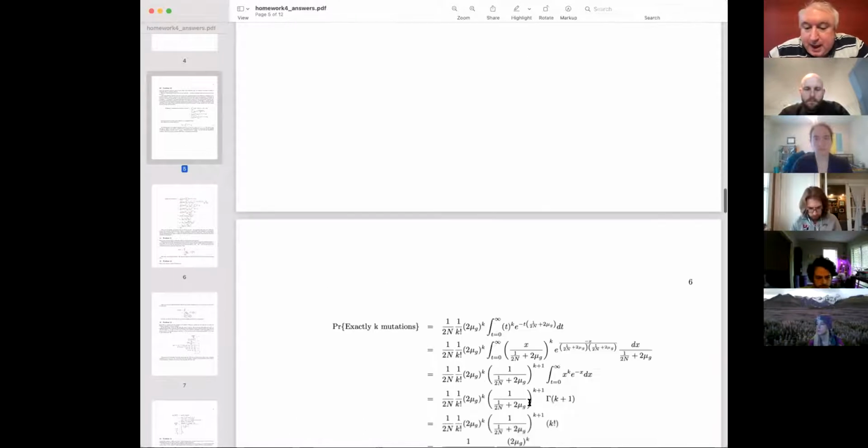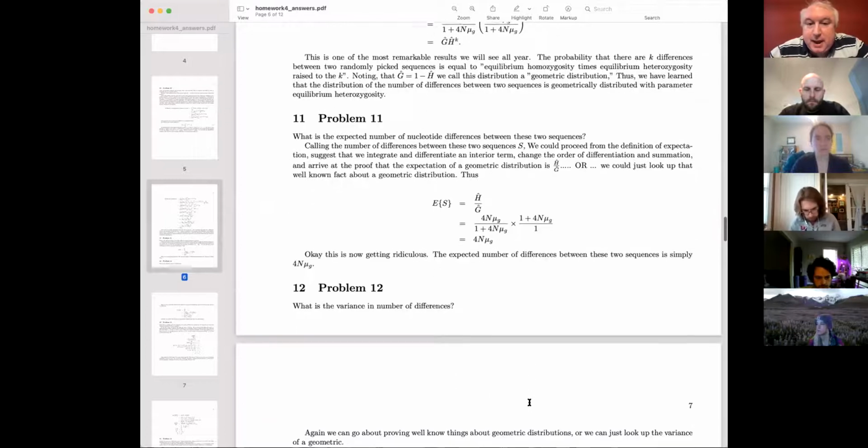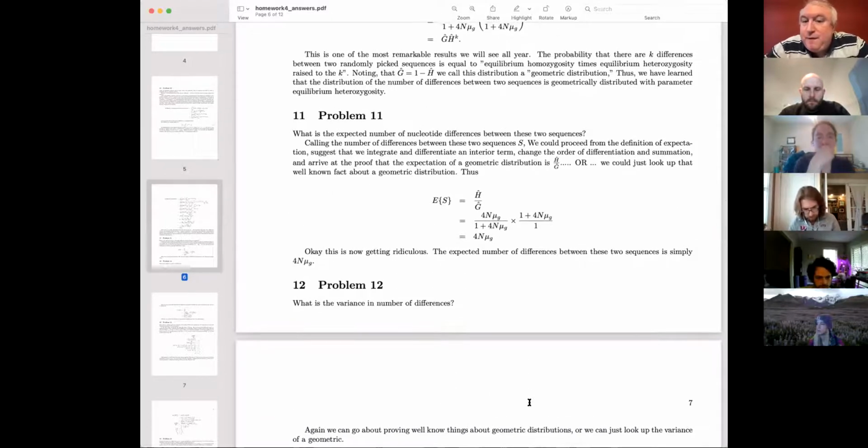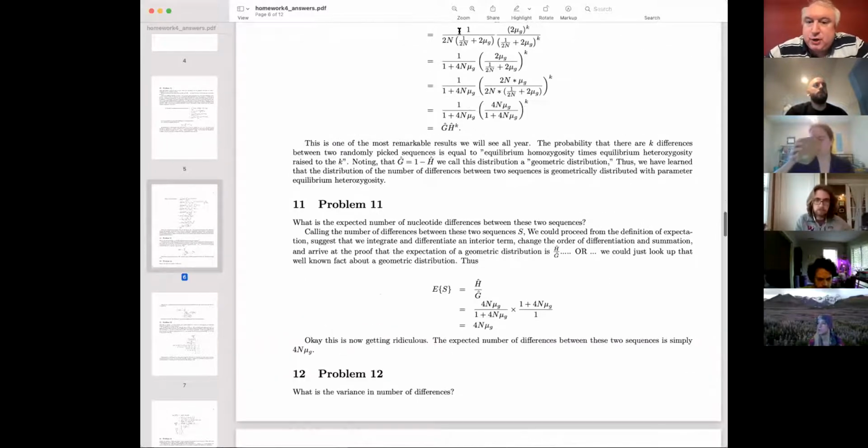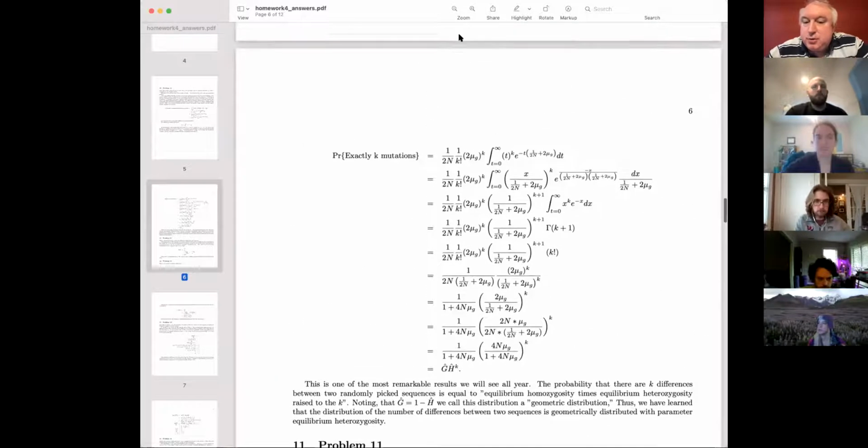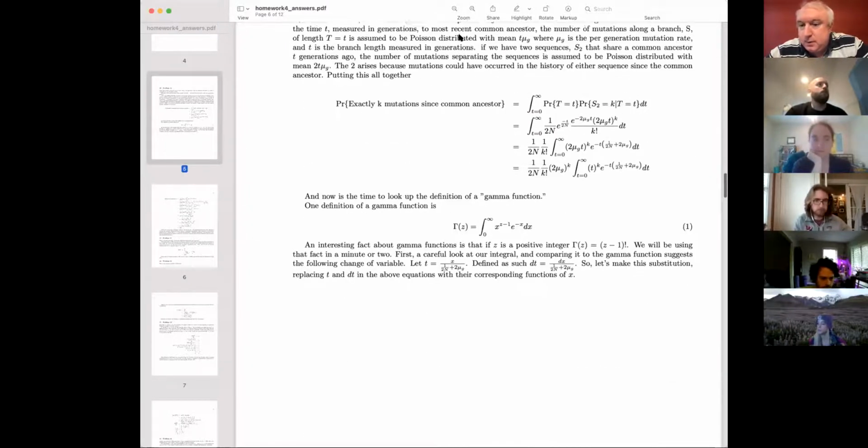And you're going to do math and math and math and find the answer was 1 over 1 plus theta times theta over 1 plus theta raised to the k. Equilibrium homozygosity times heterozygosity raised to the k. That's what you're going to get when you do the ugly math in between.